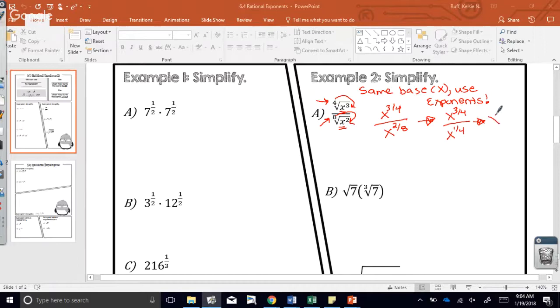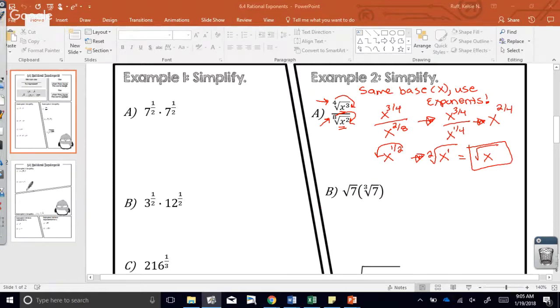The rule of division means that we subtract. 3/4 minus 1/4 gives me x to the 2/4, which reduces to x to the 1/2. Since the problem was in radical form, I've got to give my answer in radical form. Back to the index. Since 2 is an implied square root, my final answer is the square root of x.